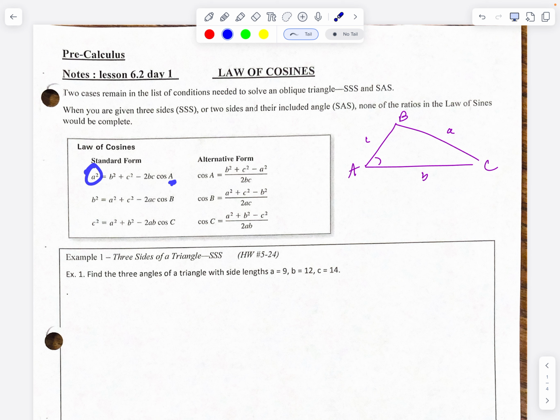And so what goes here are the 2 sides that include the angle you're trying to find, squared, and I don't care which one comes first or second. And then the side squared that you subtract is the side opposite the angle you're trying to find, and that is 9. So we're going to subtract 9.